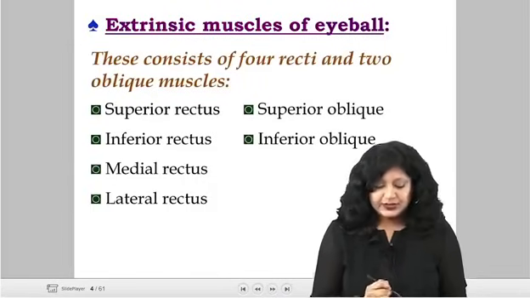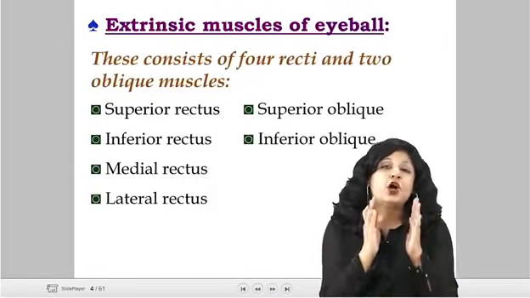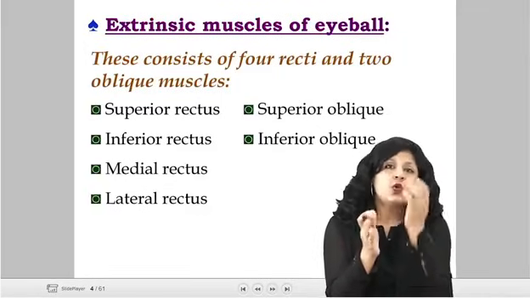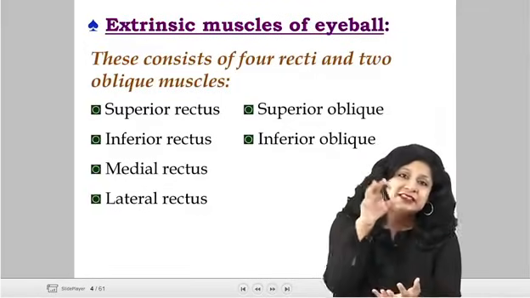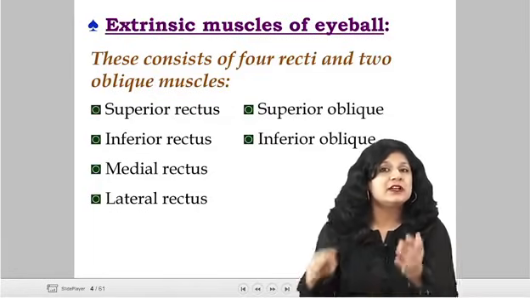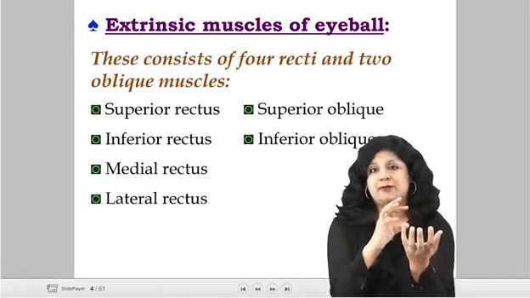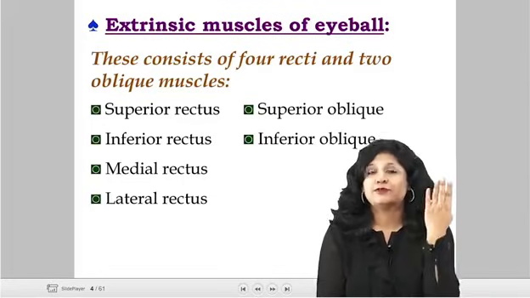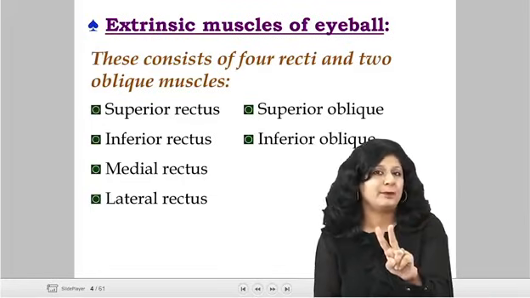If we are talking per se about the globe muscles, those muscles which insert over the globe are basically involved in ocular movements. These are the 6 muscles, the 4 rectus muscles and the 2 oblique muscles.